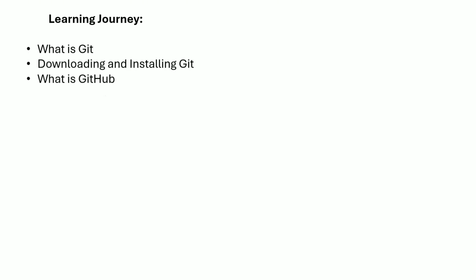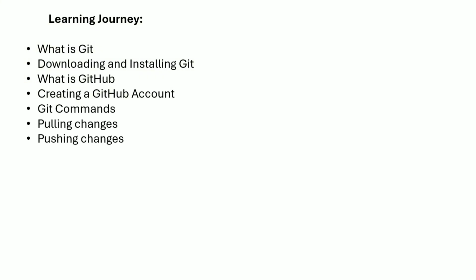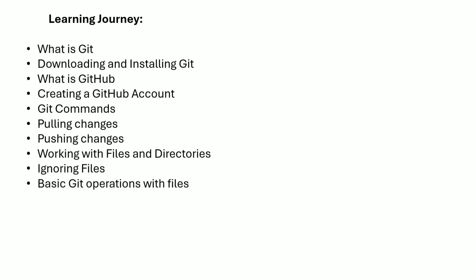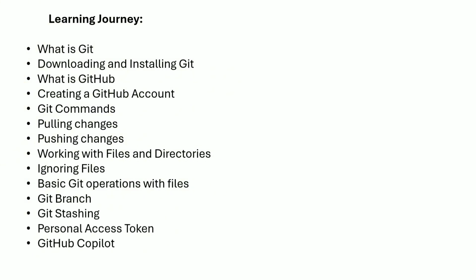By and large, in this course we are going to look at what Git is, how to download and install Git, then what GitHub is and creating a GitHub account. Then we will learn some Git commands, pull changes, push changes, then work with files and directories, how to ignore files, basic Git operations, then Git branch, Git status and personal access token, GitHub Copilot, pull request and merge.